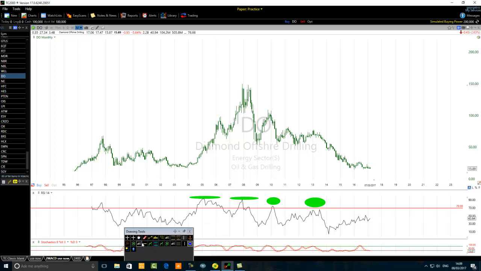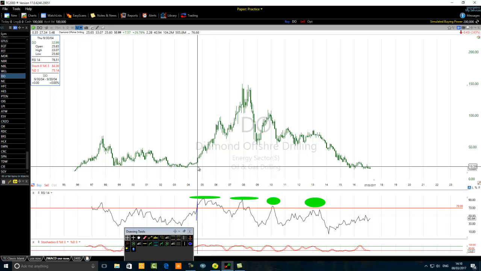Whenever any technical indicator or oscillator is overbought, it's pointing to us a resistance level. You can see on my chart here, when the RSI reaches the overbought level, which is 70, the red line here, for the first time, the price was here.